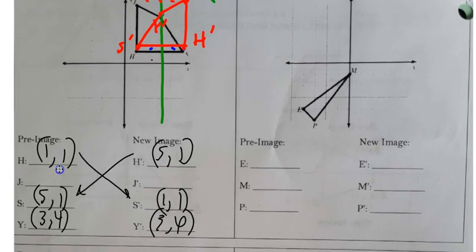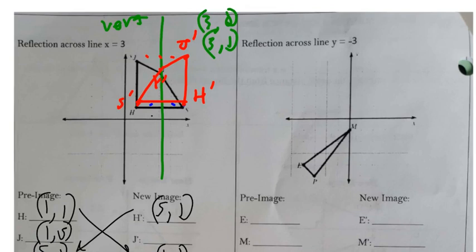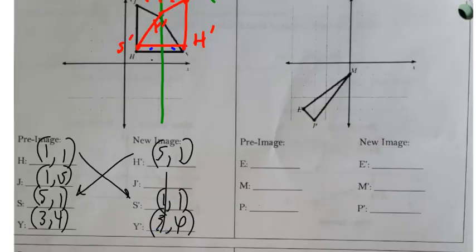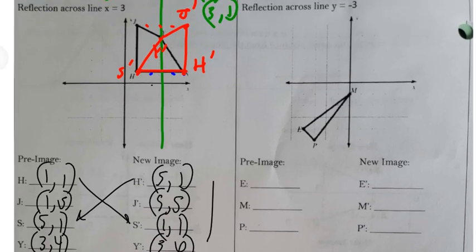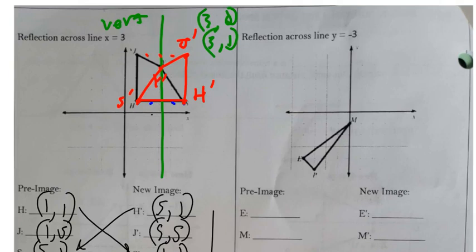Whoops. (1, 5). And the new Y is at (5, 5). Sorry about that. Try that again. (5, 5). That was a tricky one because of the fact that, you know, it kind of overlaid on itself and it flipped over.